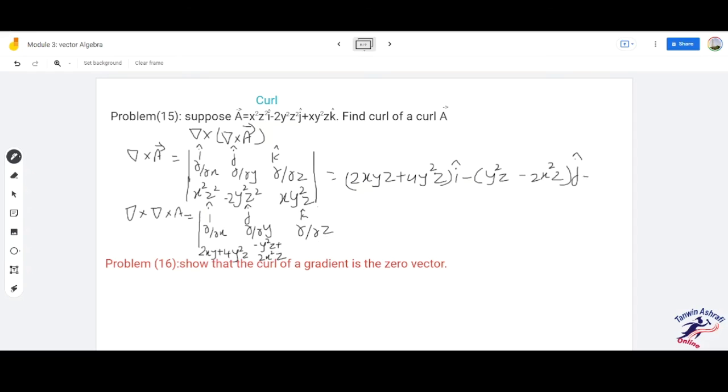Since there is no k term over here, we will write 0, and we will find the value of this determinant.